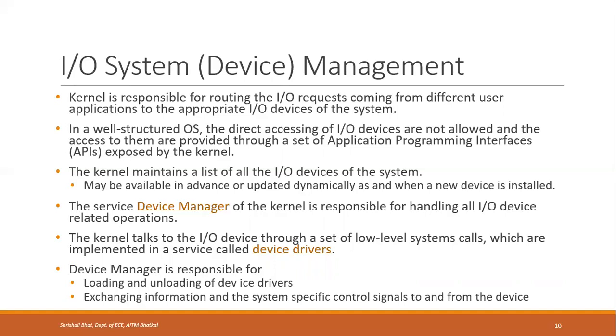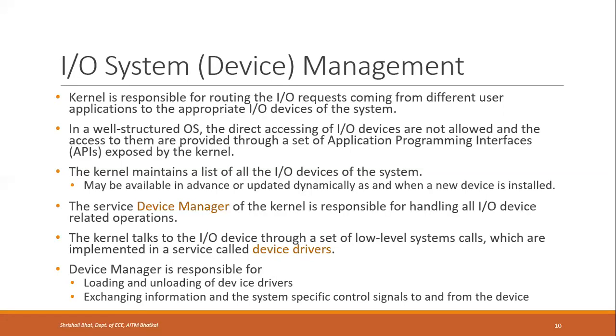In a well-structured operating system, direct accessing of IO devices is not allowed. The access to them is provided through a set of APIs which are exposed by the kernel. As you can see, those APIs lie above the kernel, so direct access is not allowed, and they are provided through an application programming interface which is exposed by the kernel.